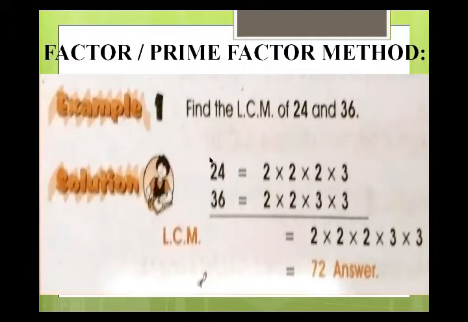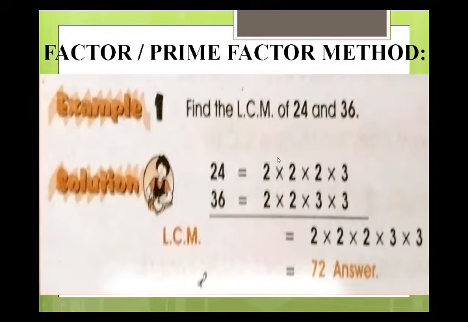In the factor method, firstly you list out the factors of the numbers. Here we list the factors of 24. The factors of 24 are 2 into 2 into 2 into 3. How?